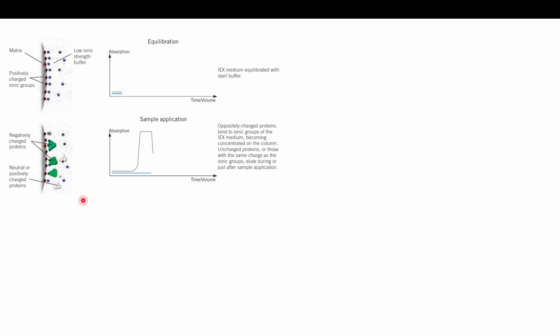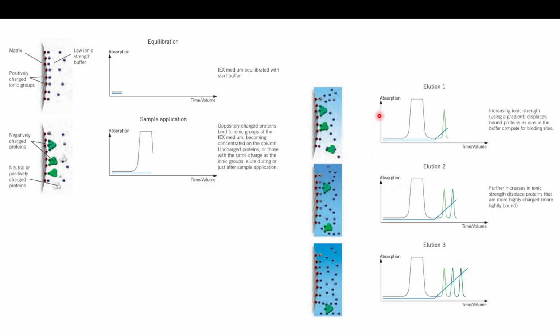So they will pass out, preferentially present in the mobile phase, and elute out first. So uncharged proteins, or those with the same charge as the ionic groups, elute during or just after the sample application.